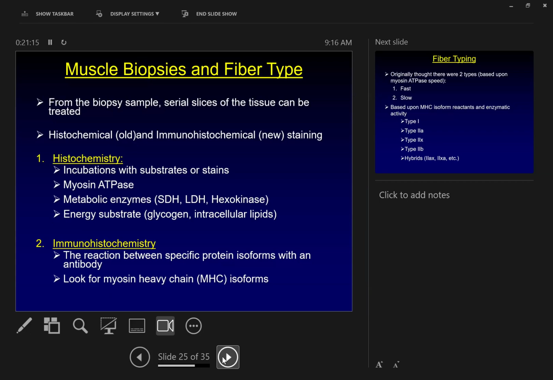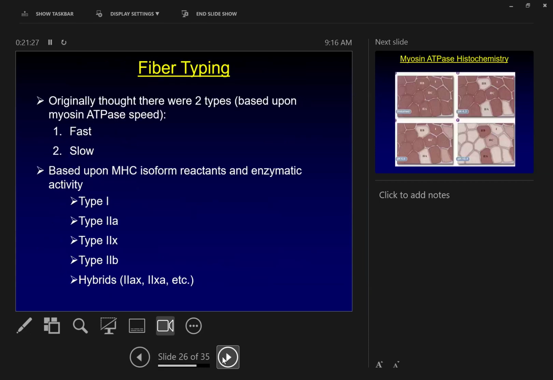All of the differences between the fiber types occur on the fast twitch side. There's one kind of slow twitch fiber, and only one. All the rest of the differences are on the fast side. So we're going to talk about things for the most part using this naming convention. I'll talk about type 1, 2A, and 2X.